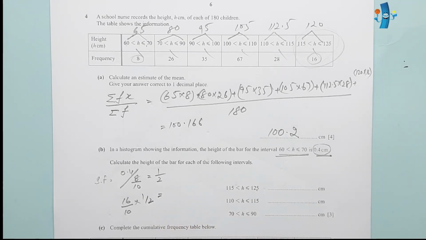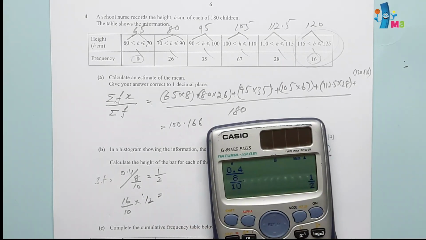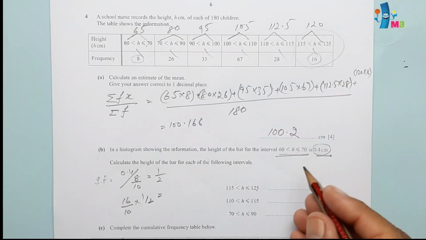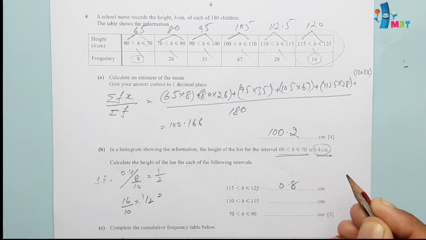We can check the calculation: 16 divided by 10, multiplied by 1 by 2 or 0.5. This will be equal to 0.8. So for this one it is 0.8.